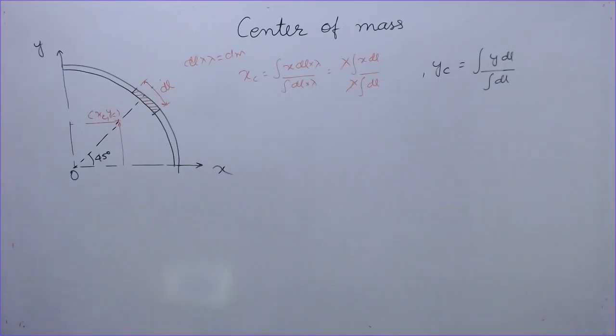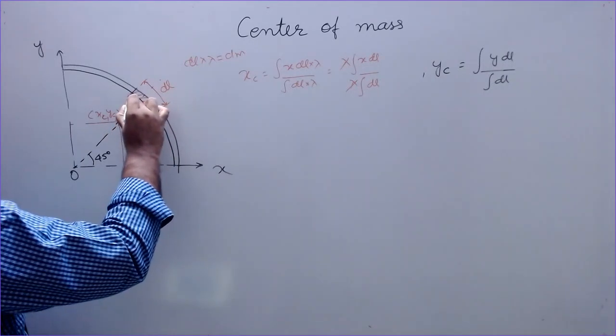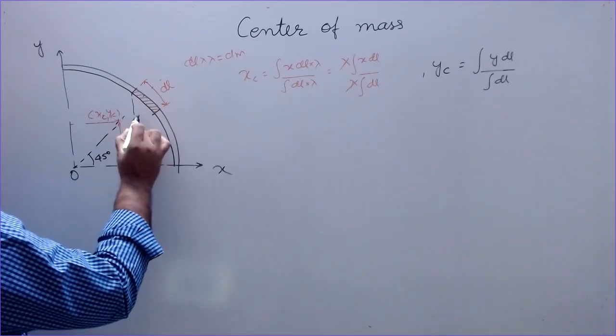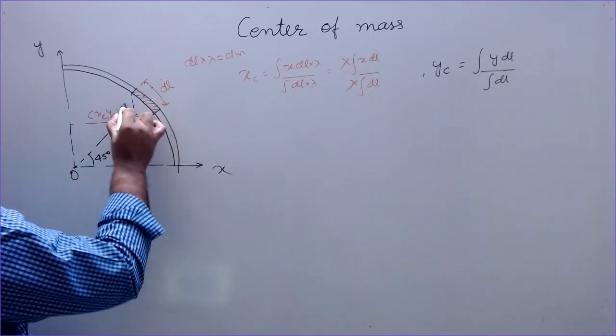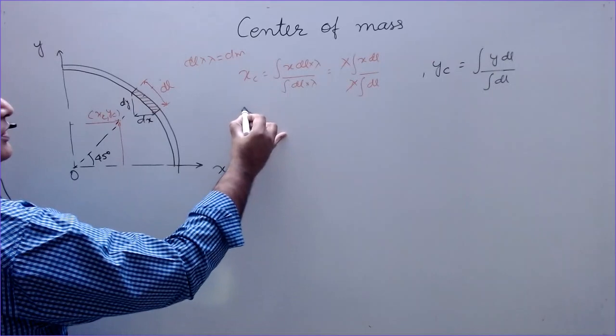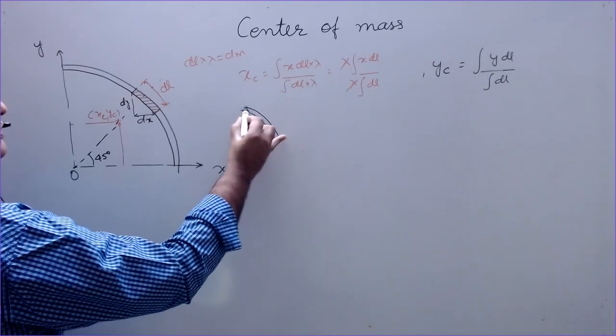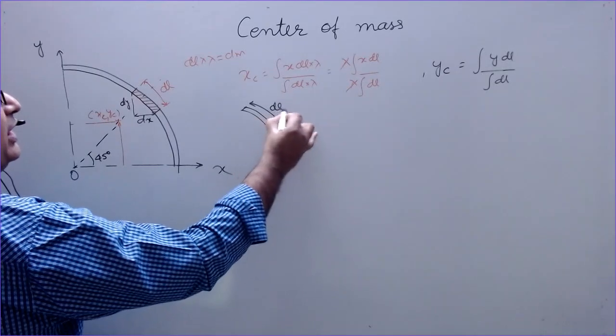Suppose this distance is dx and this is dy. If I show it separately, this is the very small element. The length of this is dl.